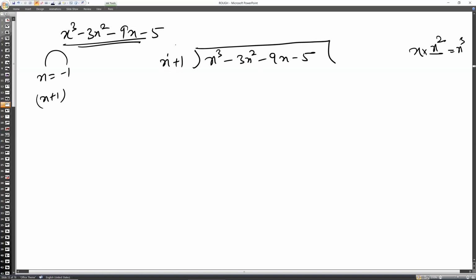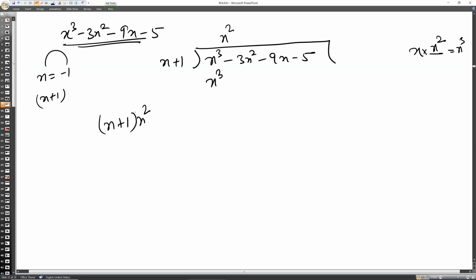By what number are you going to multiply this x so that you will get exactly x cube? You have to multiply by x square, so that you will get x cube. Now you have to multiply this whole term with x square.